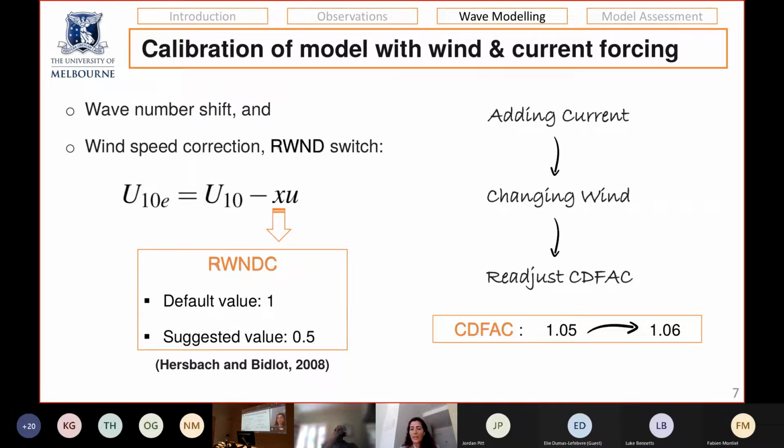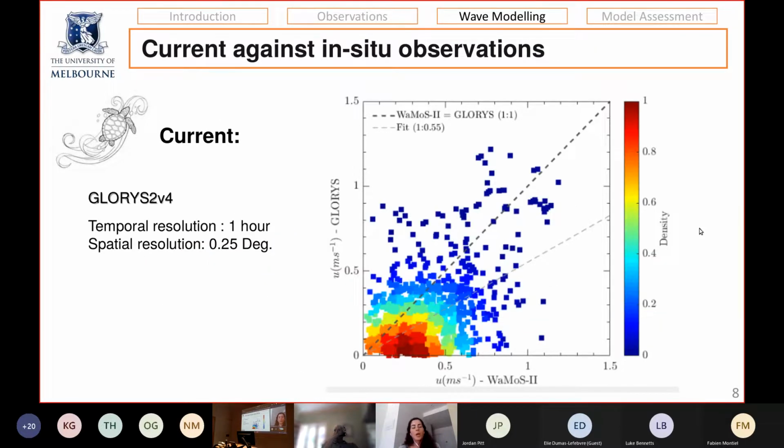So again, a very slight change in the CD factor. As I mentioned before, the model is very sensitive to this parameter. But still, when we go through this process correctly, it turns out that inclusion of the current cannot help much in reducing our biases in the Southern Ocean.